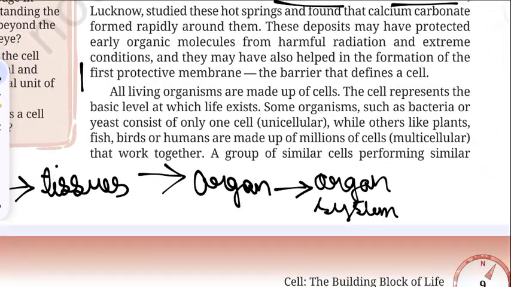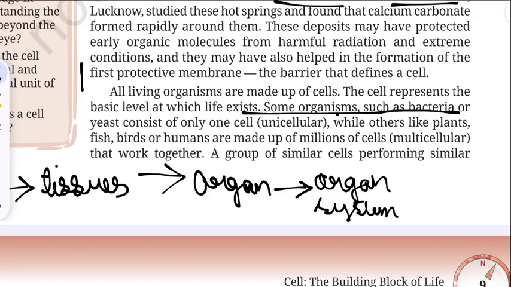Now, let's read that all living organisms are made up of cells. The cell represents the basic level at which life exists. I told you that the cell is the basic level at which life exists. Some organisms such as bacteria or yeast consist of only one cell. Fine.